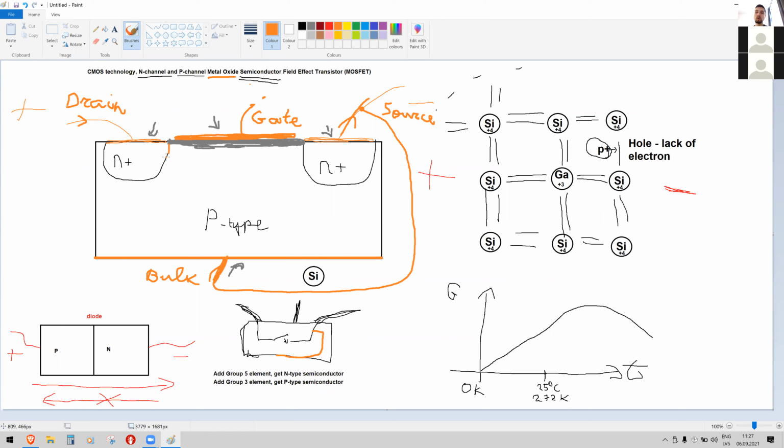Okay, and so generally transistors have drain, gate, and source. Bulk is also there, but it's connected to source internally. So you get a transistor with just 3 wires.